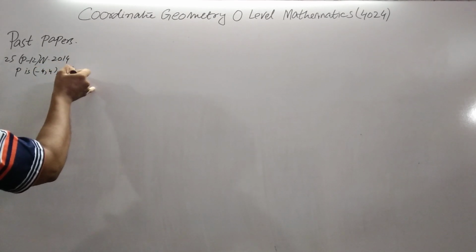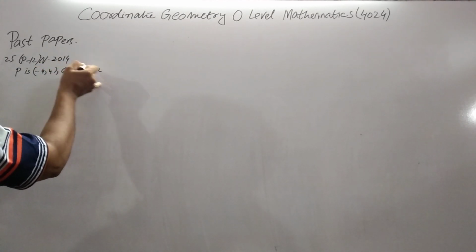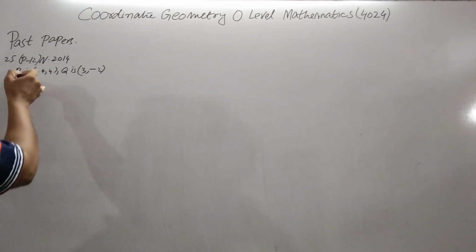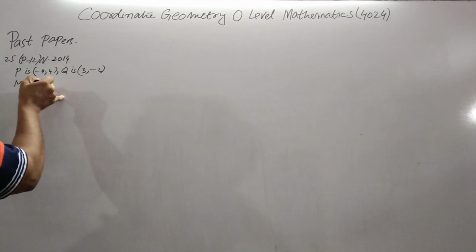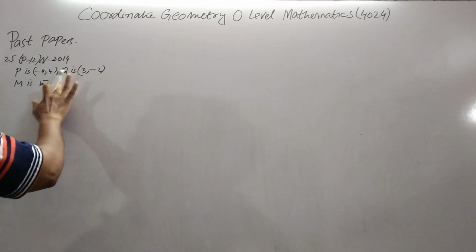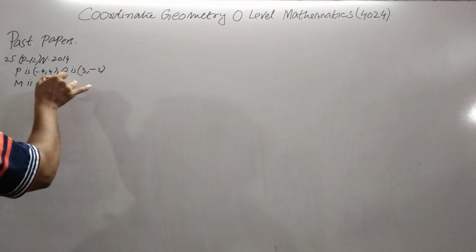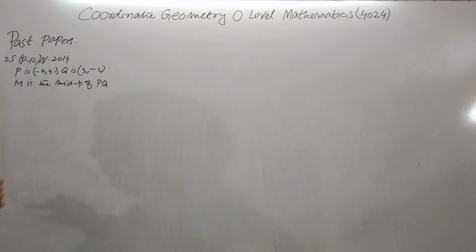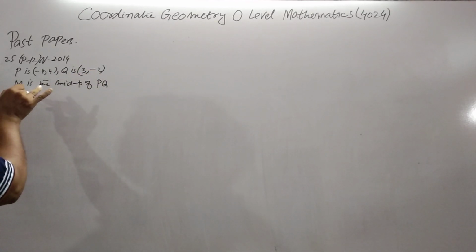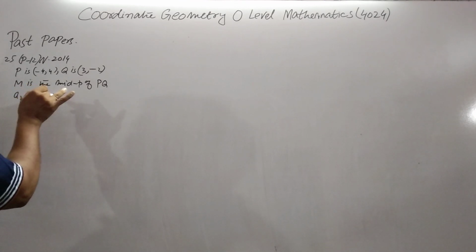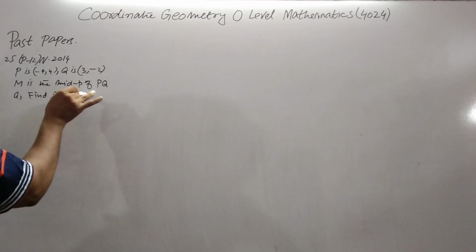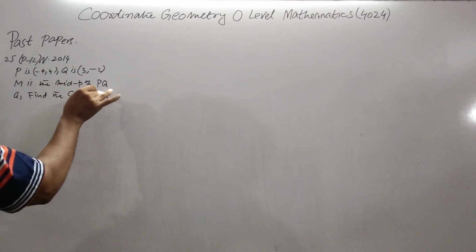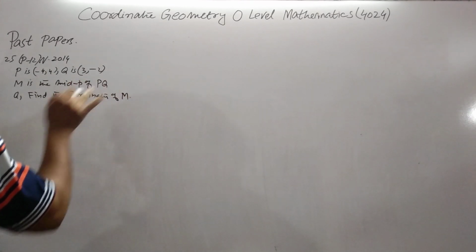Q is (3, minus 2). M is the midpoint of PQ. Part A, find the coordinates of M.